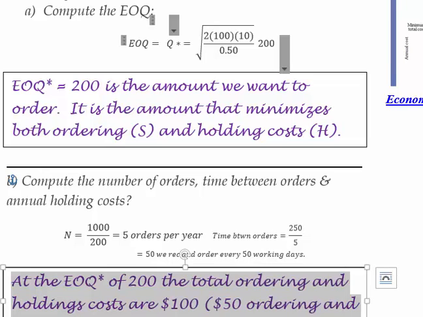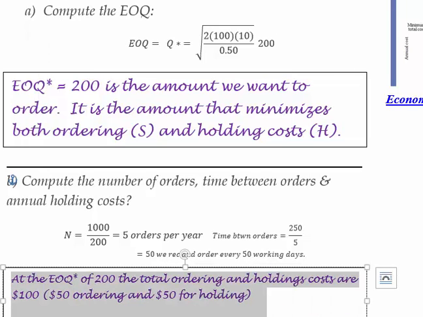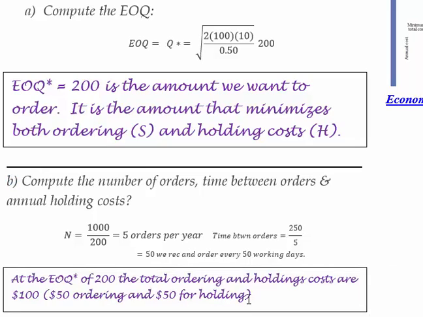Now, it's important that you understand that they're only equal when you order the economic order quantity. They're not equal if you, for some reason, don't order the economic order quantity.